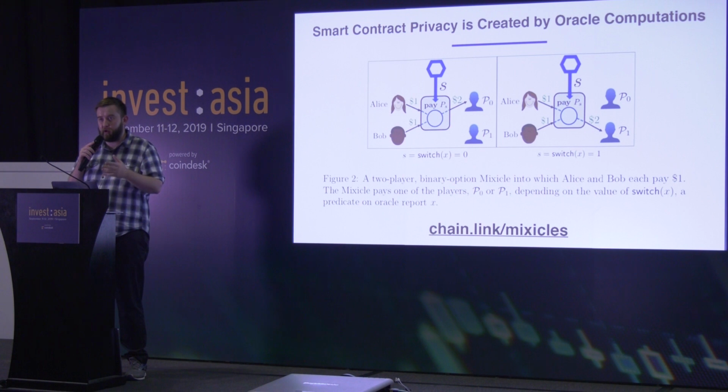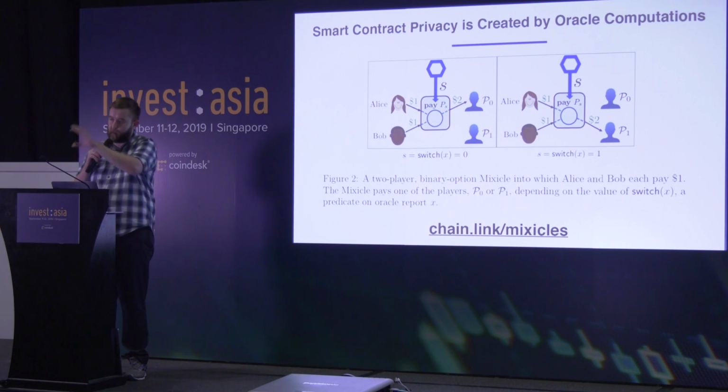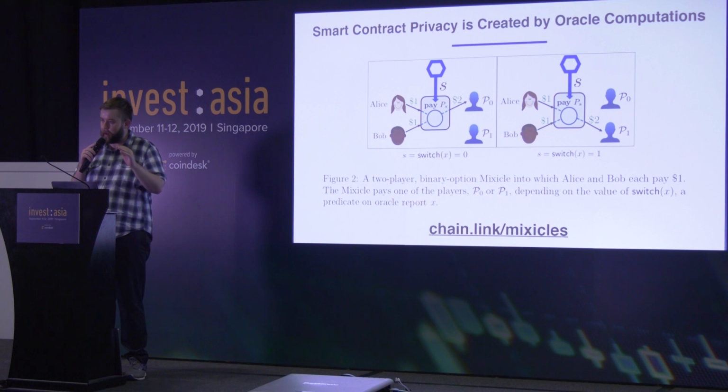So what mixicles do is they apply oracles as a mechanism to generate privacy. They put a portion of the computation into the oracle itself, and that computation being in the oracle means that you can have different contracts handle state change or payment or any other piece that are uncorrelated.